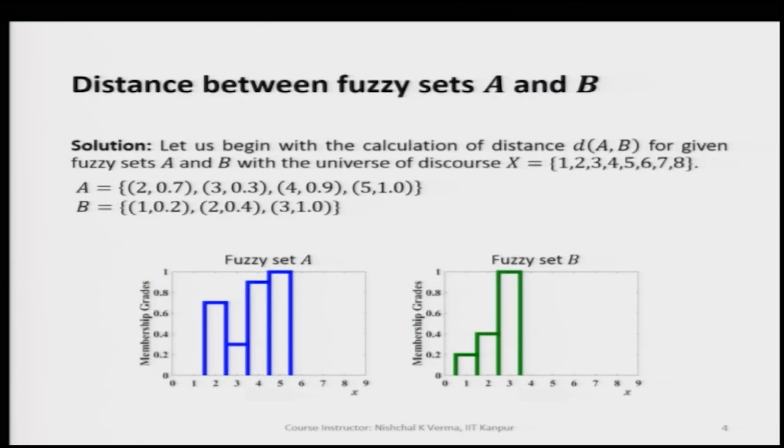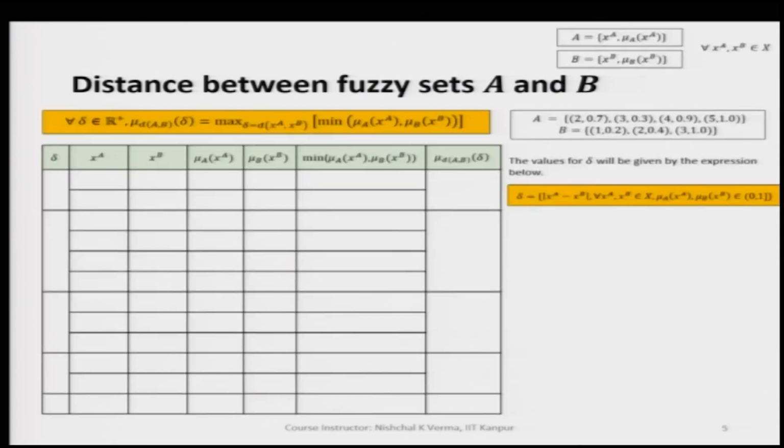Let us now start with finding the distance between two discrete fuzzy sets. Here also we have x as generic variable in both the cases.